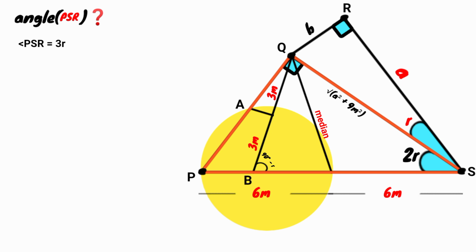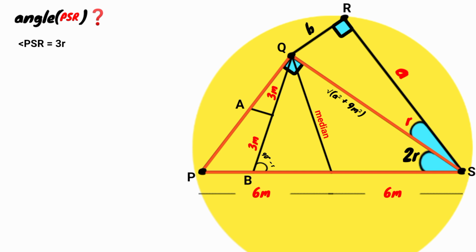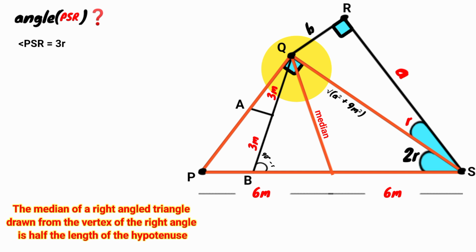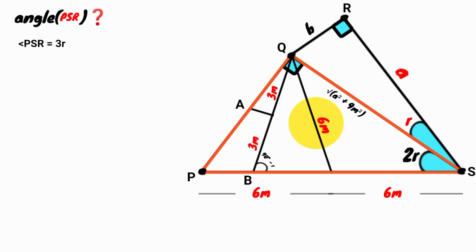We see the triangle is a right angle triangle, and this median is drawn from the vertex of the right angle. We know the median of a right angle triangle, if drawn from the vertex of the right angle, is half the length of the hypotenuse. This side is the hypotenuse, and this is half its length. Therefore, the length of this side must also be 6 meters.